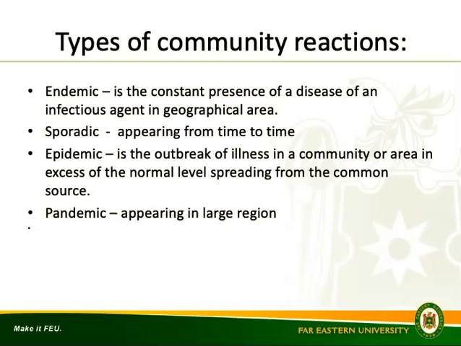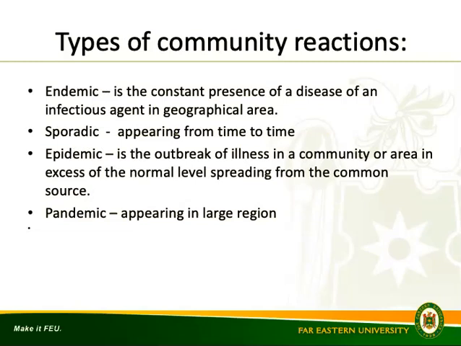There is also what we call hyperendemic, which refers to persistent high levels of disease occurrence. So the usual occurrence of disease in that particular geographical location is at higher levels. We call them hyperendemic. Occasionally the amount of disease in a community rises above the expected level.